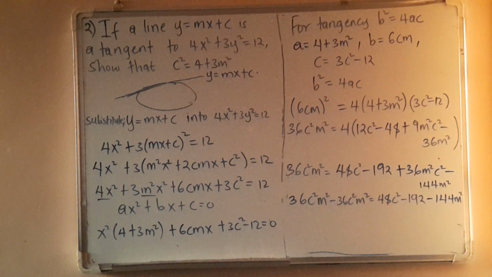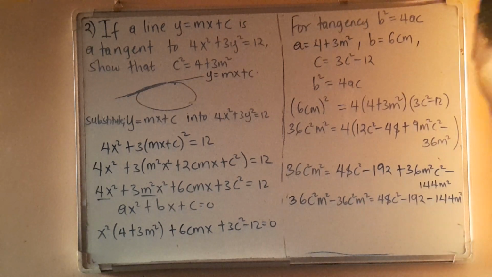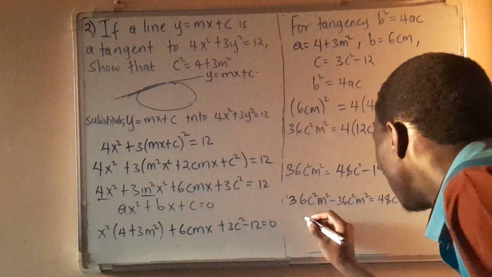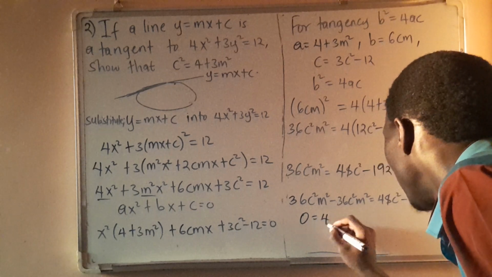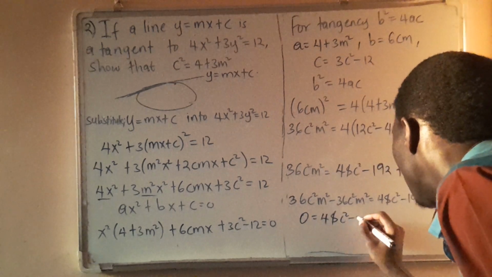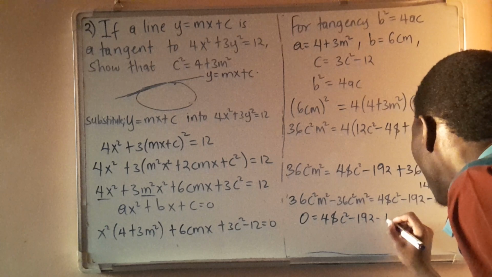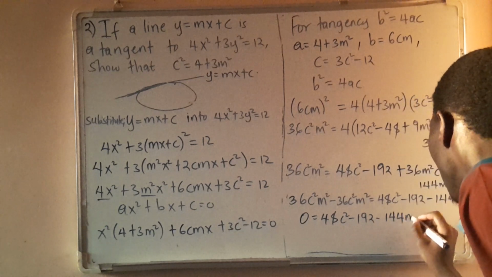So what can we do? This is a 0, so 0 equals 48c squared minus 192 minus 144m squared.